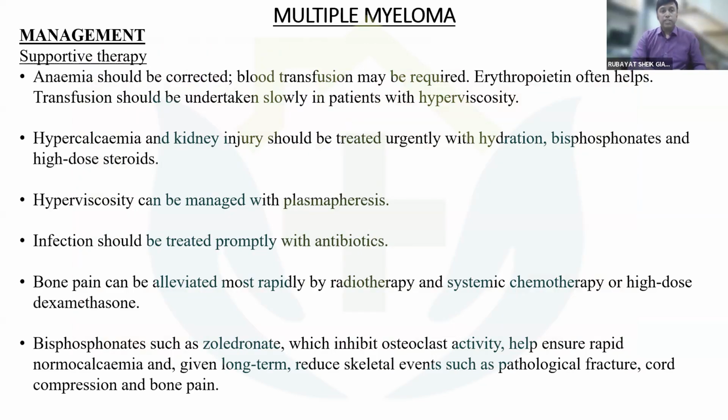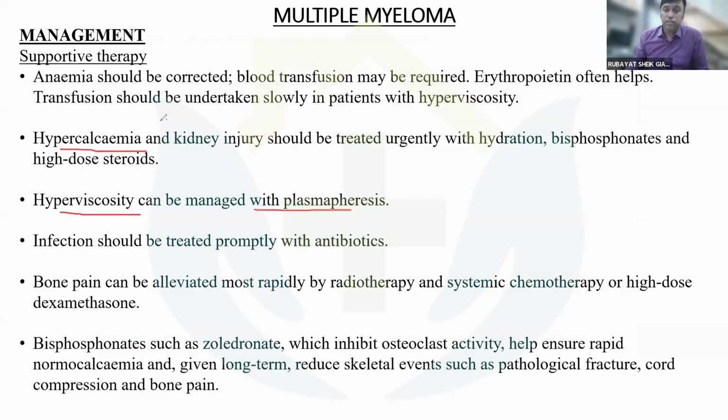So basic management of multiple myeloma is supportive, of course. You have to treat the anemia, the hypercalcemia, the hyperviscosity, you have to treat the infections, and relieve the bone pain. So supportive therapy has to be taken care of according to the complication or the symptoms present. Hyperviscosity is managed with plasmapheresis.